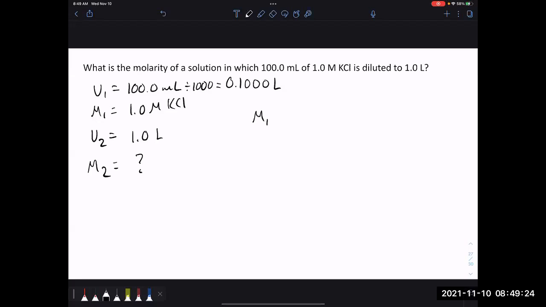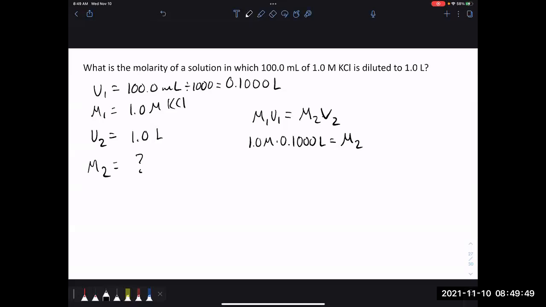And then we'll just set up M1 V1, M2 V2. So we'll have 1.0 molar potassium chloride, and we'll have our volume now calculated in liters, 0.1000 liters. Molarity is what we're looking for now.